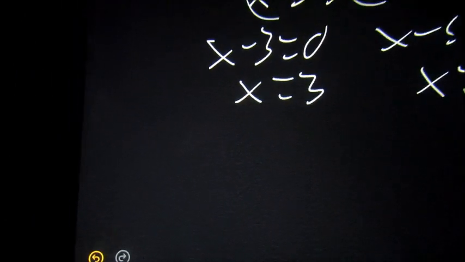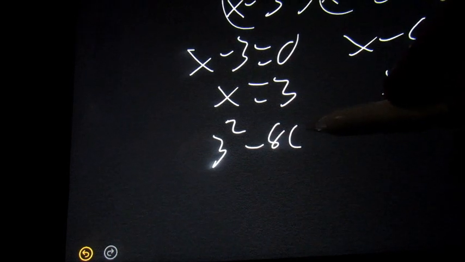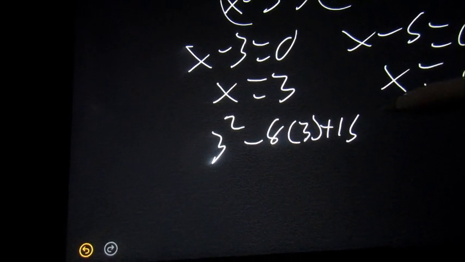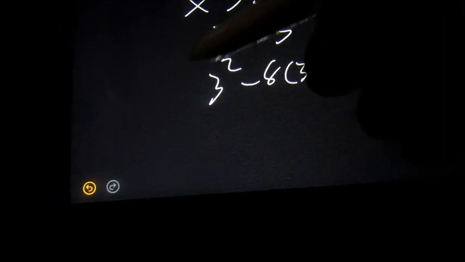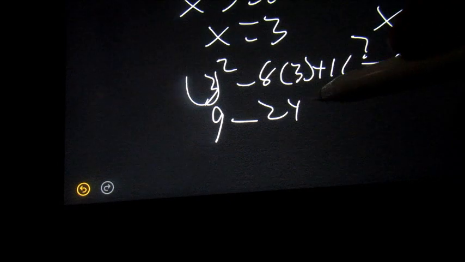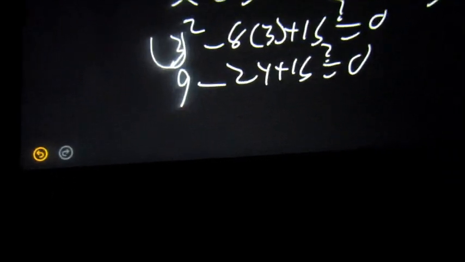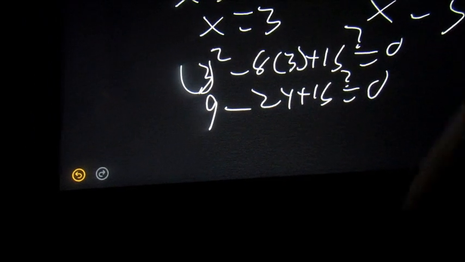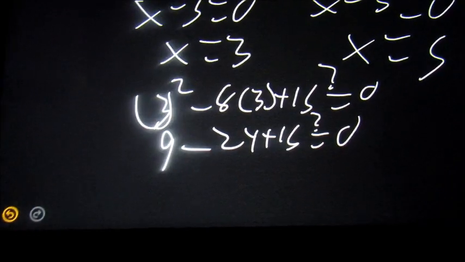If we substitute our numbers in here, I'll do the 3 first: 3 squared minus 8 times 3 plus 15, does that equal 0? 3 squared is 9, minus 24, plus 15. 9 plus 15 equals 24, minus 24, yes, that equals 0.